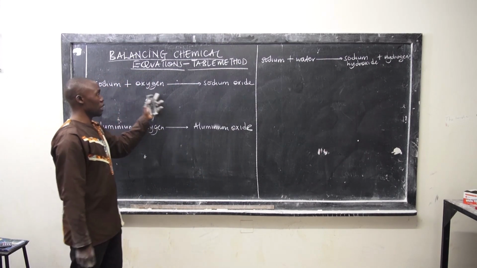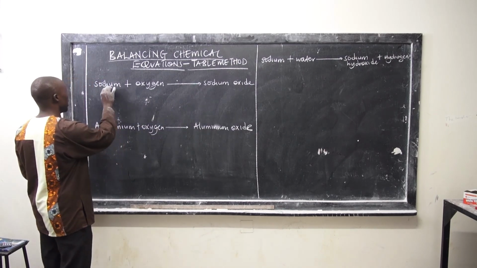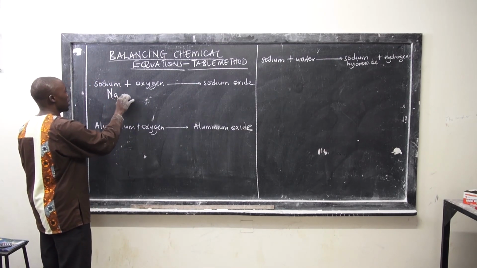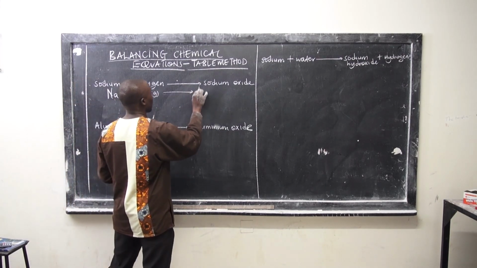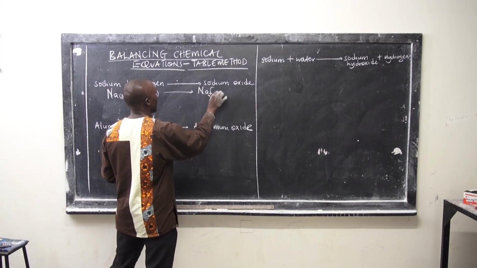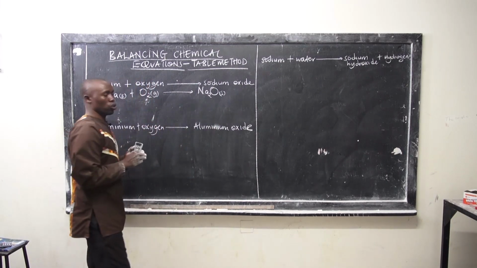Sodium plus oxygen gives us sodium oxide. Sodium is Na, oxygen is O2, giving us sodium oxide, Na2O2.